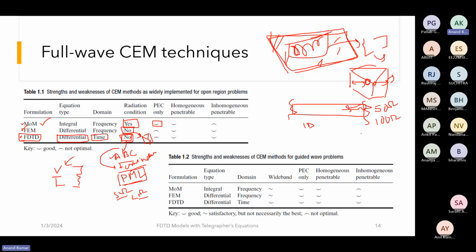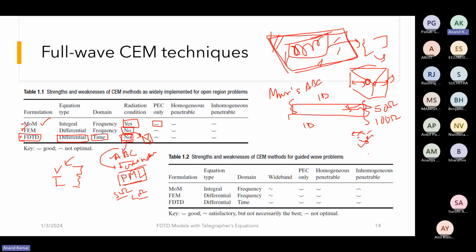For the class, Mur's you can study on your own. Mur's absorbing boundary condition is very popular for 1D implementation. What Mur's 1D implementation does is it takes the last two nodes and evaluates the field in such a way that whatever field travels in this direction does not come back.